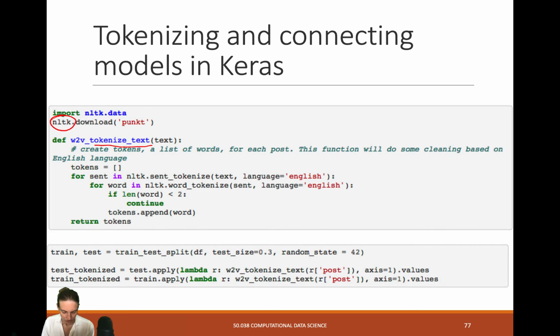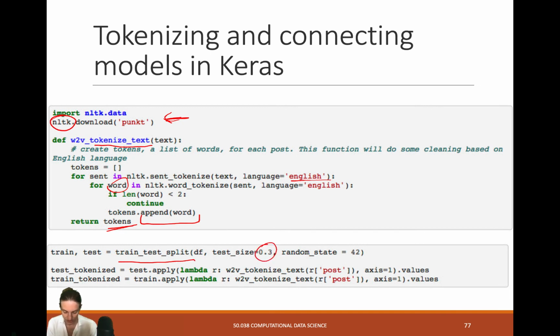Basically we use the English language, which is downloaded when we do our punkt download. We tokenize every word that exists in the language dataset into our token list, and we return the tokens. Then, as before, we do a training test set split of our entire dataset.